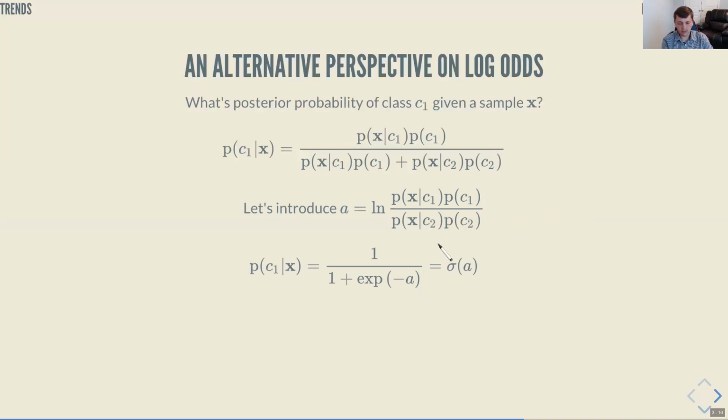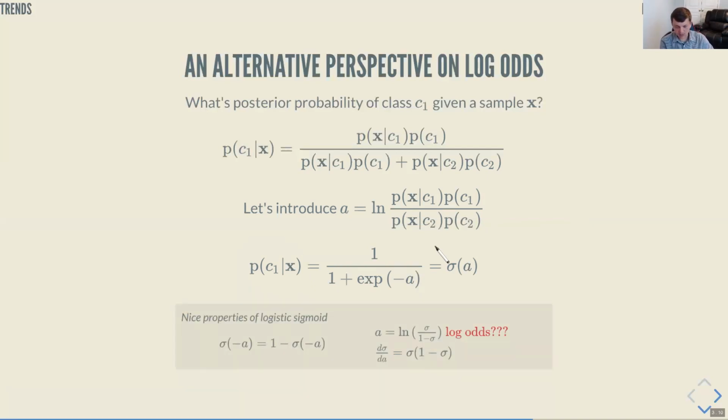Here, we didn't make any assumptions about any of the probability distributions, and we arrived at, this is kind of an aside, but still a curious aside, that our class posterior can be modeled as a logistic sigmoid of our decision boundary or likelihood ratio.